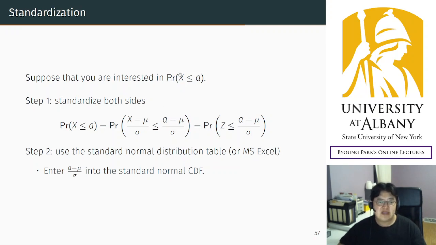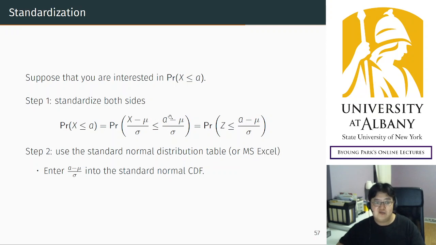We know x will be transformed into this form, and then this will be z. But you have to be careful that when you transform x, you have to transform the other side of the inequality. To maintain the same inequality, you have to do the same transformation on both sides. So probability x smaller than a, you transform x, then you have to transform a in the same way.